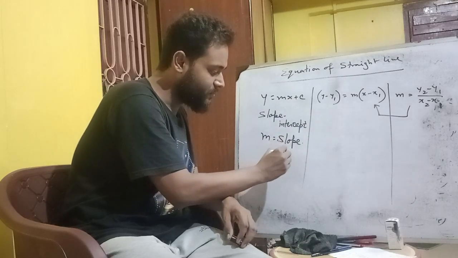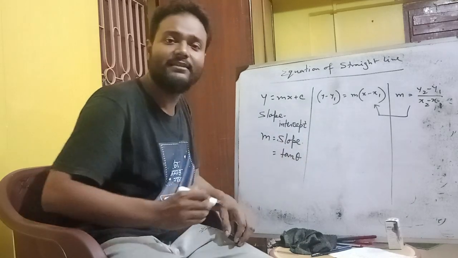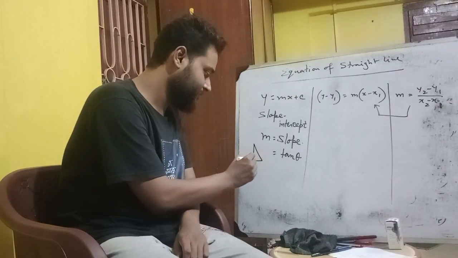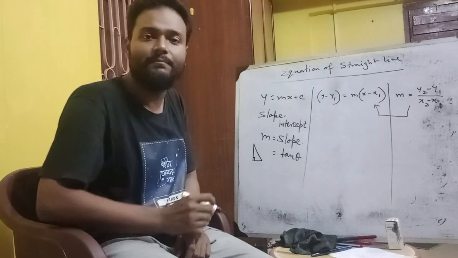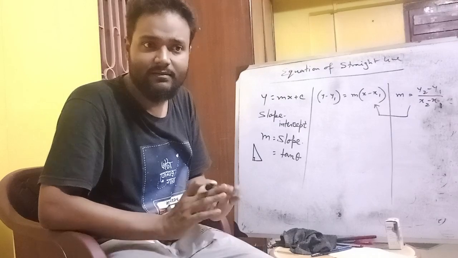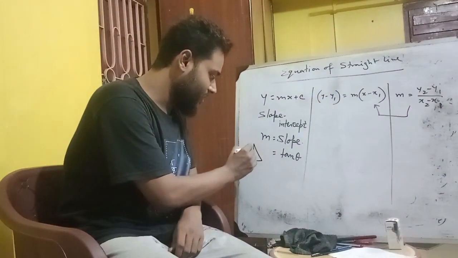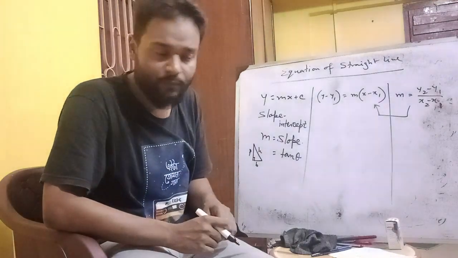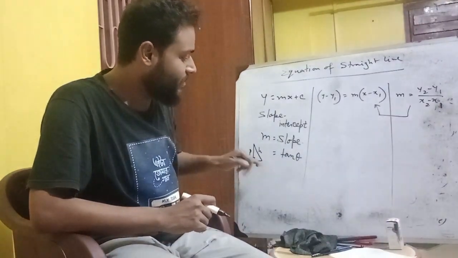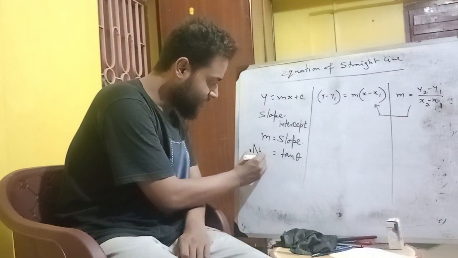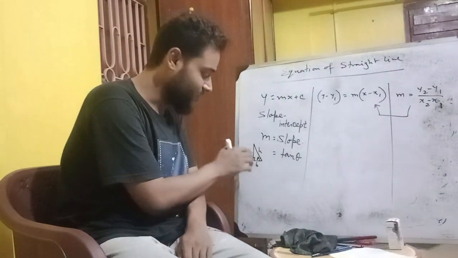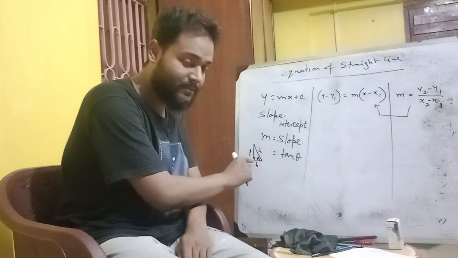How to calculate slope? That is tan theta. Now what is tan theta? If we take a right angle triangle, this one is the perpendicular, this one is the base and this one is the hypotenuse.